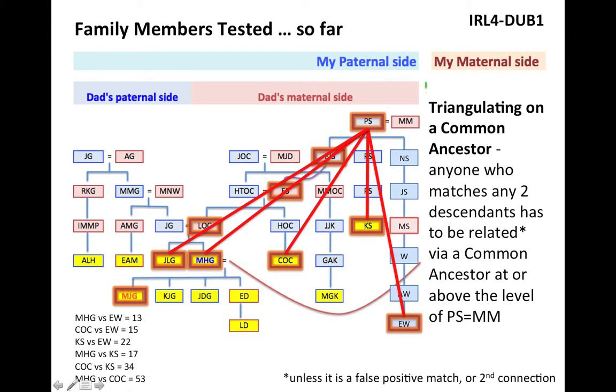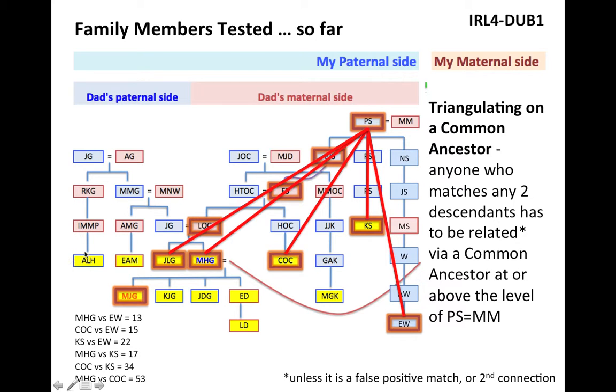So looking at the number of matches that Dad has in common with Owen, there's 13, Cormac and Owen have 15, Kathleen and Owen have 22, Dad and Kathleen have 17, Cormac and Kathleen have 34, Dad and Cormac have 53 because they're first cousins, whereas everybody else more or less has a second cousin relationship to each other. So being first cousins, you will share a lot more.